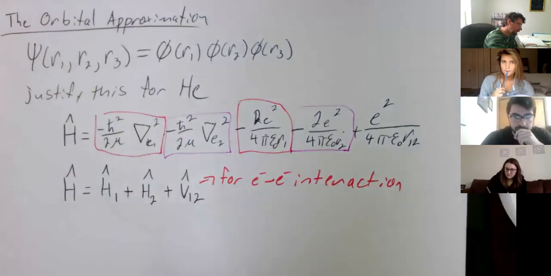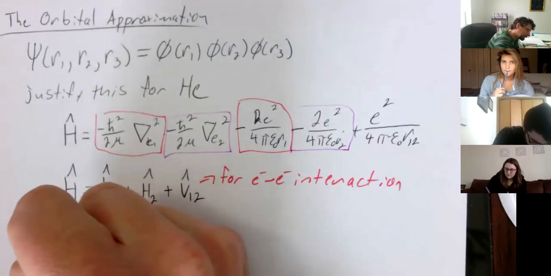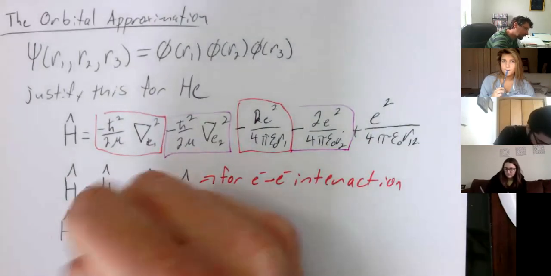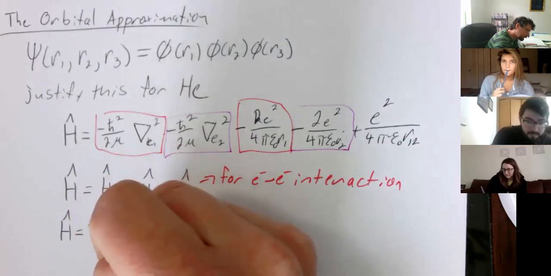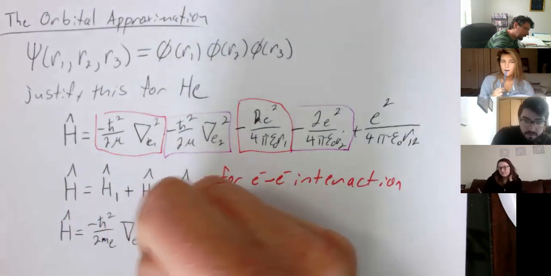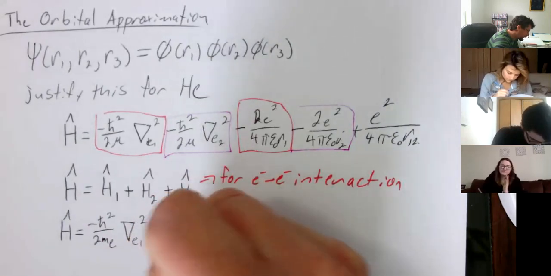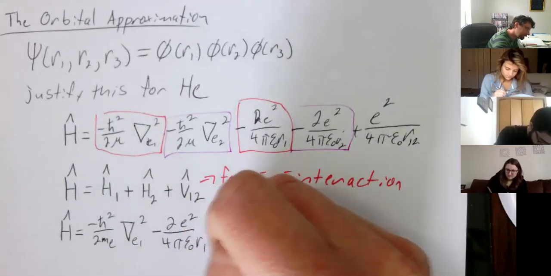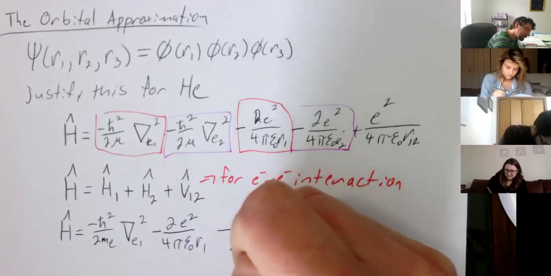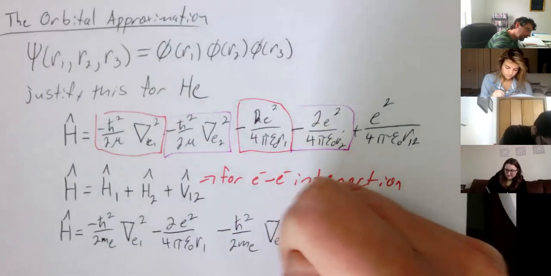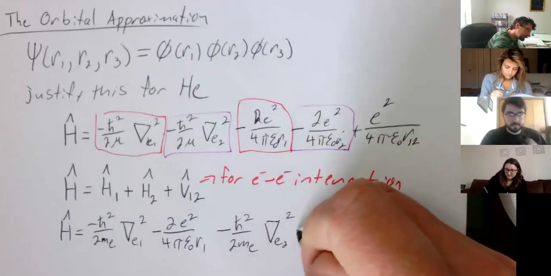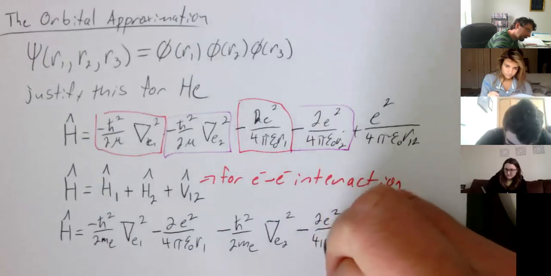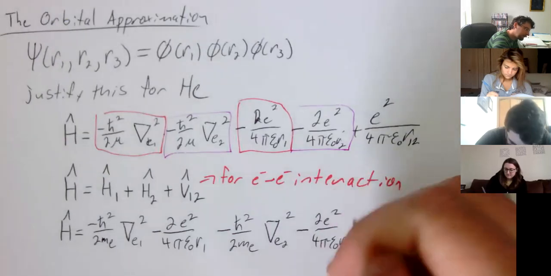So we get negative h bar squared over 2 times the mass of the electron, del 1 squared, minus 2e squared over 4 pi epsilon naught r1. Then minus h bar squared over 2 m e, del 2 squared, minus 2e squared over 4 pi epsilon naught r2.